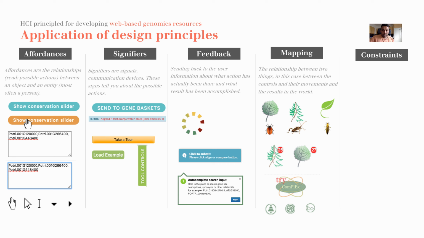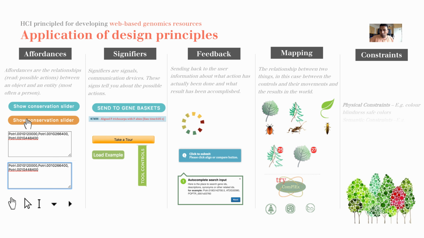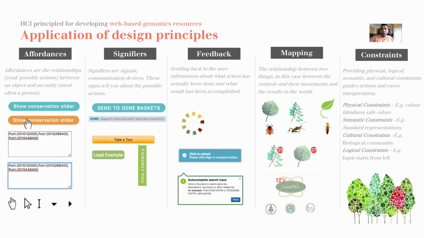Then the user can decide whether they need to stay in the tool or move to another step or do something else. Mapping, we try to use real world metaphors like bugs or leaves in our tools, so we can easily relate the real world metaphor with the virtual world metaphor or the functions. So the user can easily identify these functions.